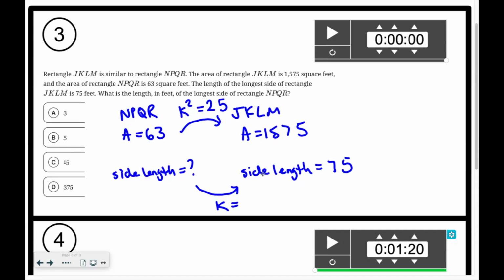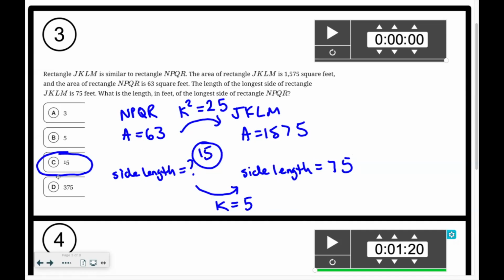But we know now, hopefully, that that is the scale factor squared, because I was comparing areas, which means the actual scale factor is 5. And since I have this organized where the bigger one is on the right, to get the answer I just divide, because the smaller side length got multiplied by 5 to give me the bigger side length. So 75 divided by 5 gives me 15.